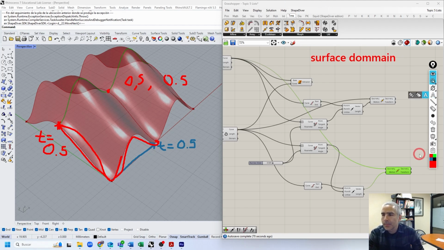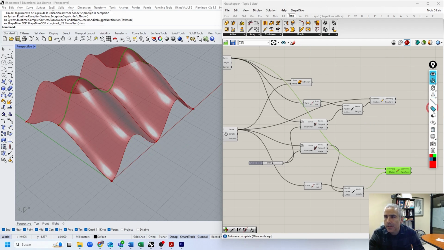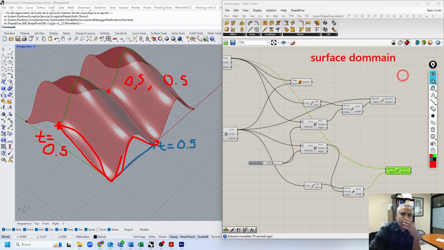You can think of surface domain as just the length along curves in both directions of a surface.